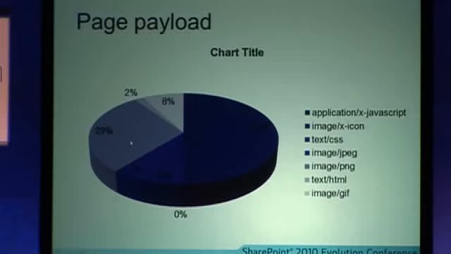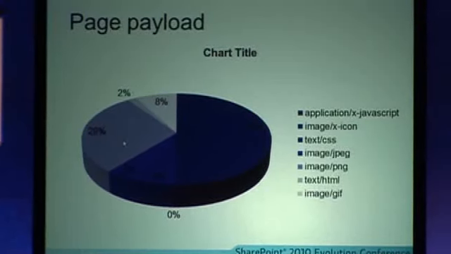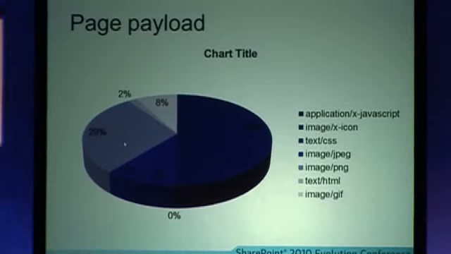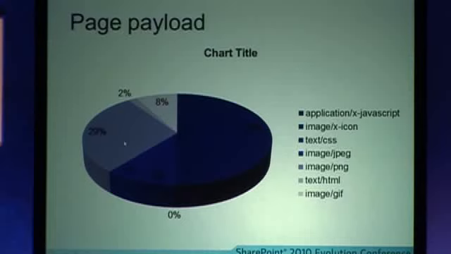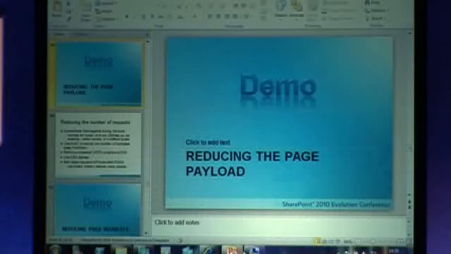Yeah, in CSS, and then the rest of it's in imagery and HTML. So you need to be very careful about adding more JavaScript to that already quite big page payload. And you also need to start thinking about how to strip some of that stuff out if you're not using it.